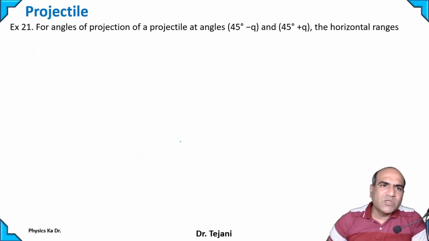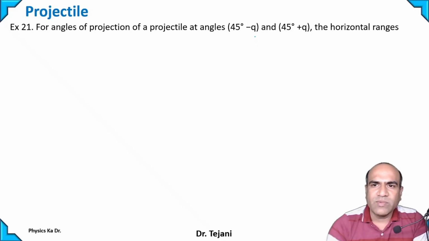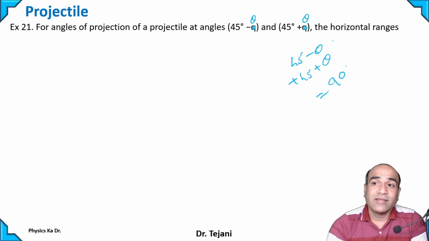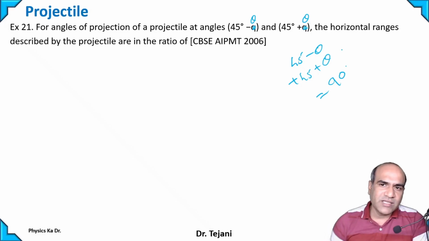We have example number 21. For angles of projection of a projectile at 45 minus theta and 45 plus theta, whenever there is 45 minus theta plus 45 plus theta, it is equal to 90 degrees. What is the ratio of the horizontal ranges described by the projectiles? This was asked in the All India Pre-Medical Test 2016.